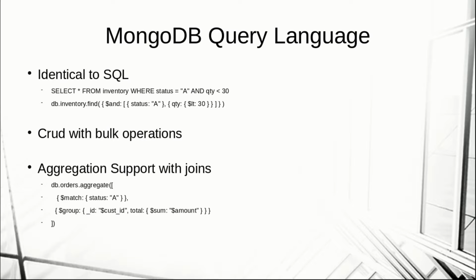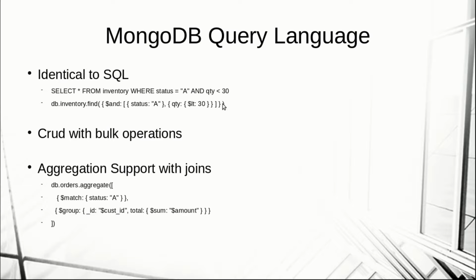Let's see an example. This is a typical SQL query: select all from inventory where status equals A and qty less than 30. You can write the same query using the MongoDB query language: db.inventory.find with status A and qty lt 30. So you can achieve the same query in MongoDB using a very concise syntax.